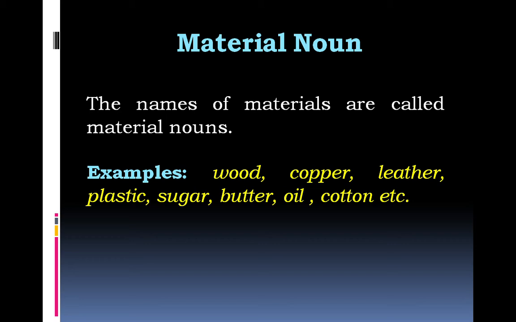For example, wood is a material noun, but chair is a common noun. Leather is a material noun, but jacket is a common noun. Sugar and butter are material nouns, but cake and pastry are common nouns. Cotton is a material noun, but shirt is a common noun. But the case of cotton is slightly different.